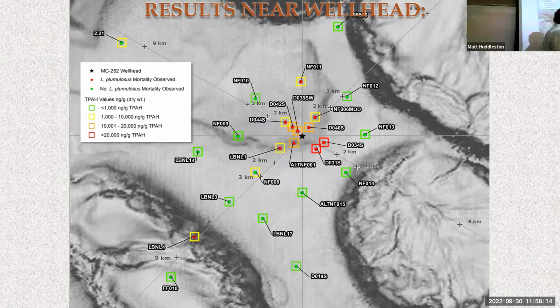This one was an old wellhead that had been closed and capped, and around it was what they call drilling mud, basically a mixture of oil and mud that gets deposited around that area.